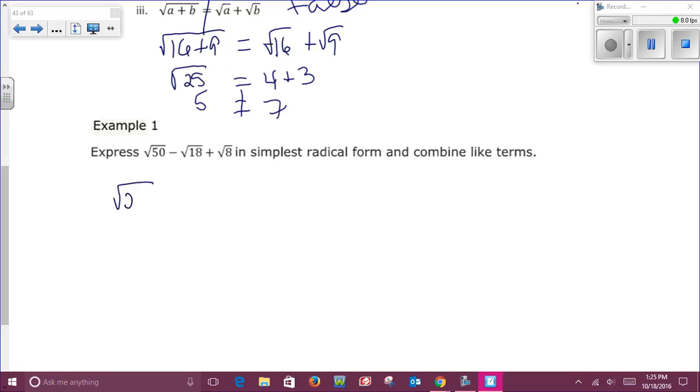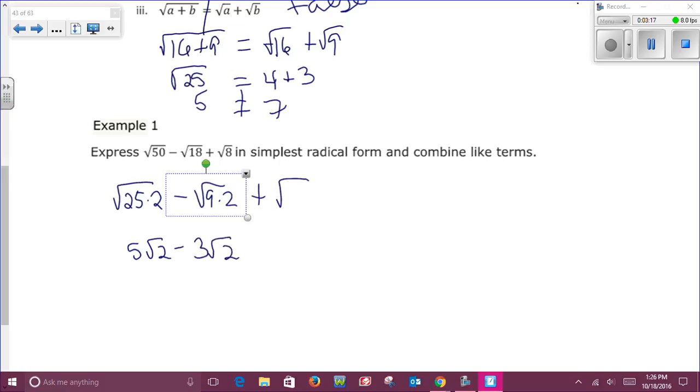So 50 is 25 times 2, and that gives me 5 radical 2. 18 is 9 times 2, so that is 3 radical 2. And then 8 is 4 times 2, which is going to be 2 radical 2. So now I can add these: 5 radical 2 minus 3 radical 2 plus 2 radical 2.